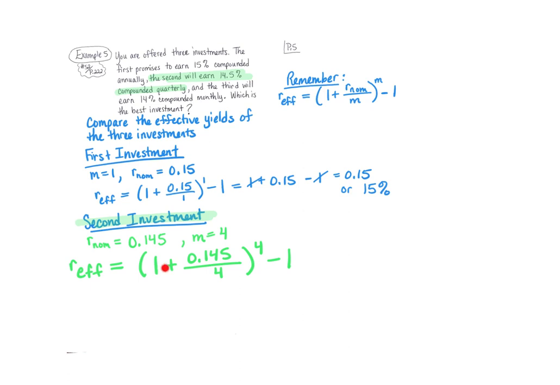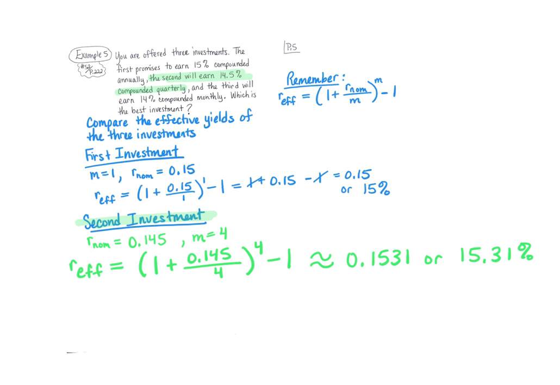You enter this quantity in parentheses into your calculator, raise that entire thing to the fourth, and after you get your answer, subtract 1. You'll get approximately 0.1531, or in terms of percent, 15.31%. Remember, you're moving the decimal to the right twice, or multiplying by 100.